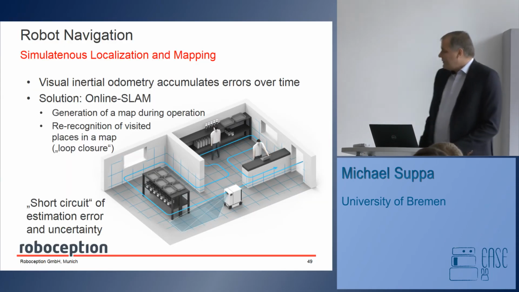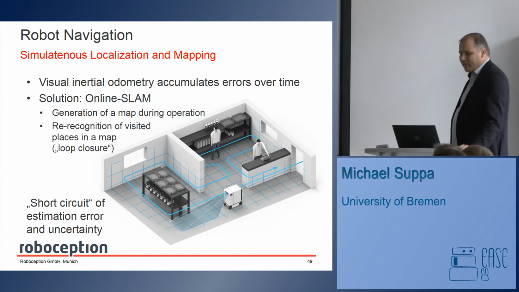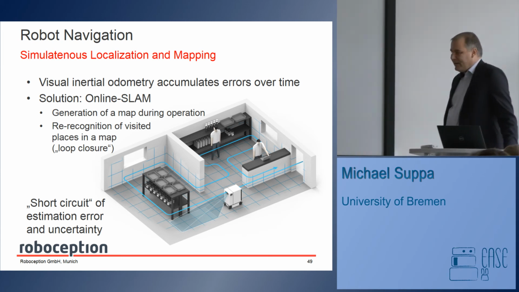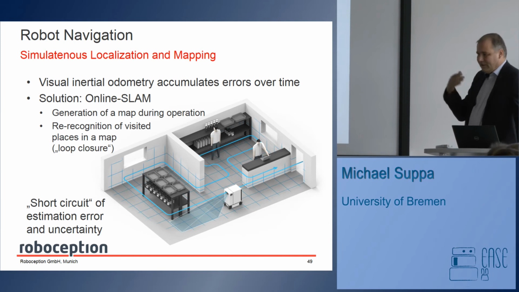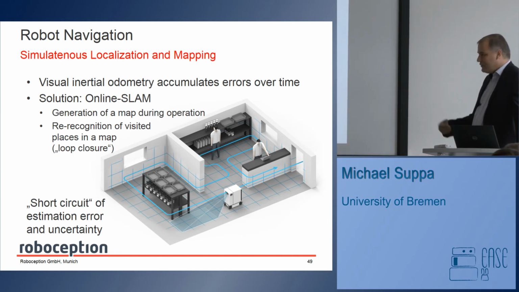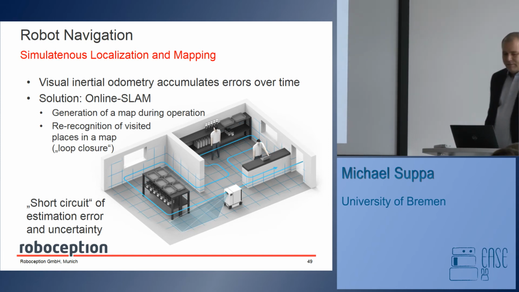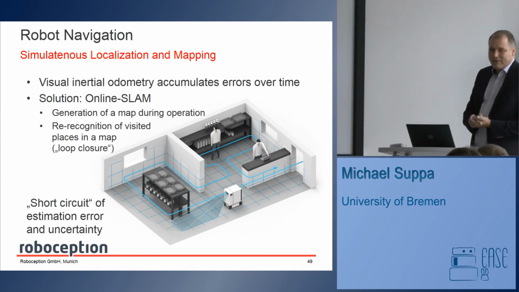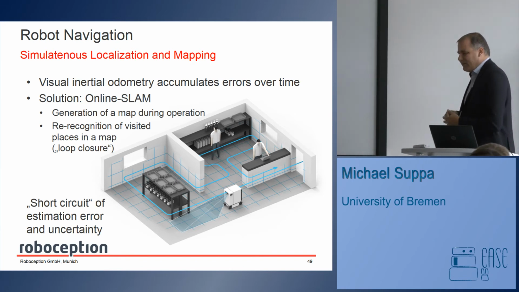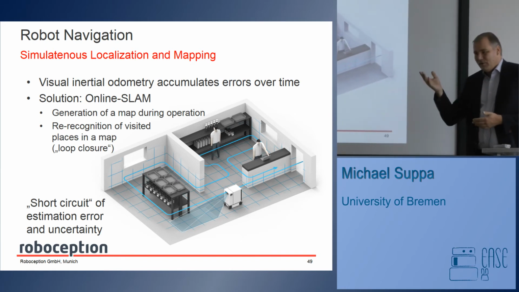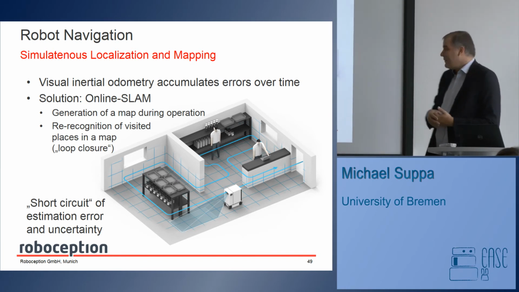On top of that, the problem with visual odometry is that you accumulate error over time, so you have drift. Right now we have 1% per travel distance. But this can also be too much in some cases, when you're traveling the wrong way, and it's probably the case that you're not hitting the door anymore because your drift got too big.